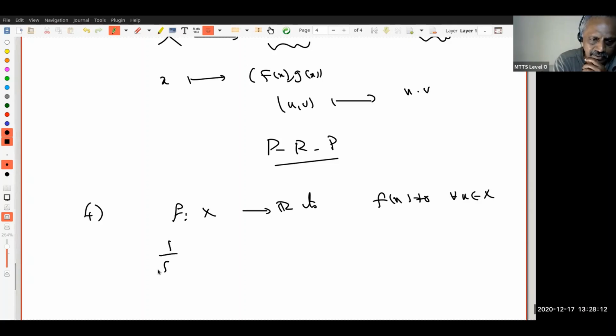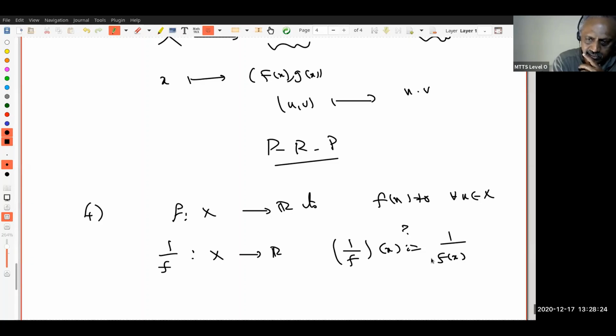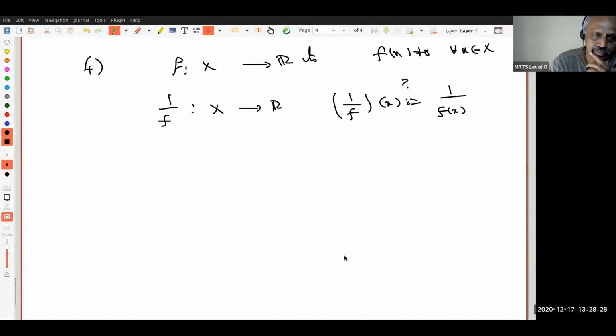Then I want to define a new function 1 by f from X to R. Its value at x is equal to 1 by f x. And since f x is non-zero, this makes sense. You understand that? So what is it that I have to prove? If f is continuous, 1 by f is continuous. What is the easy proof?